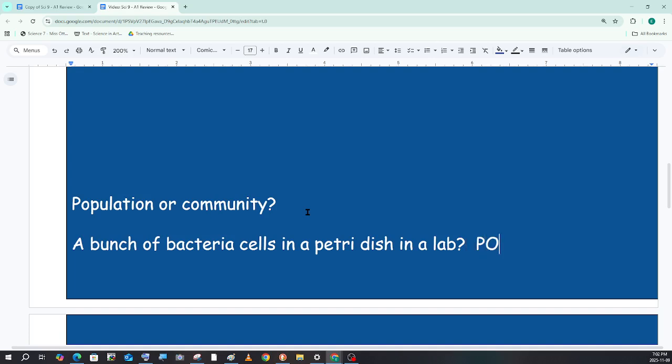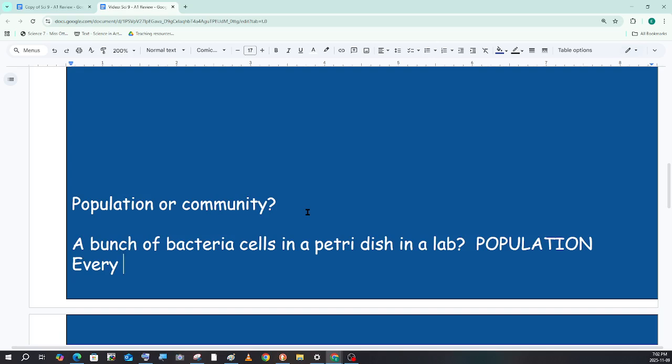Okay, this would be population because we only have bacteria, right? Only one type of organism means it's a population. All right, so let's try another example here.